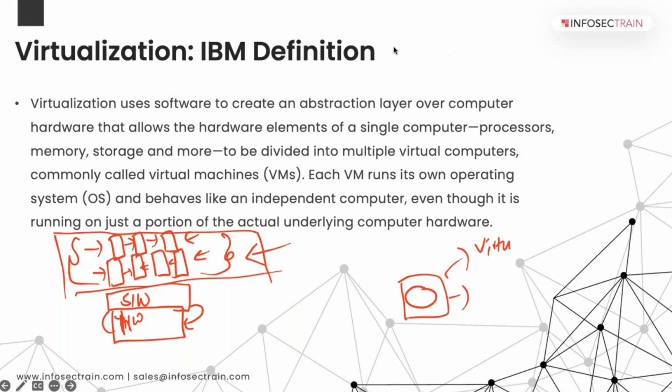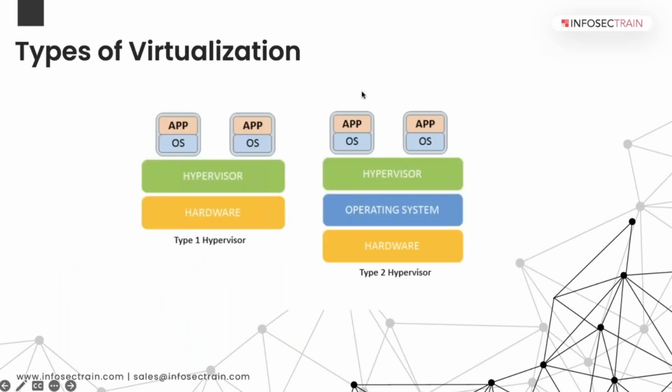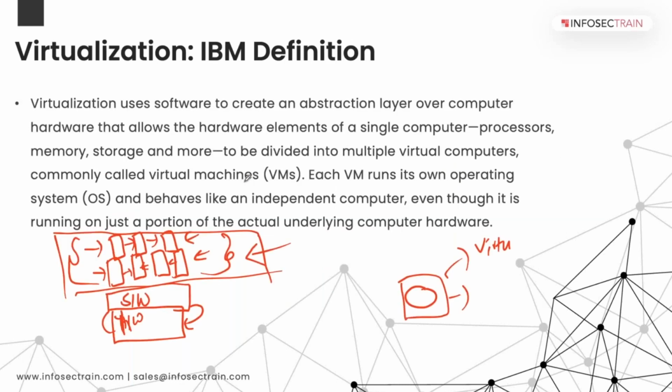Before we move further into virtualization and storage virtualization, I just want to give you a quick overview. There are two types of hypervisor. First is type 1, where you have hardware, and on top of that directly a hypervisor. The hypervisor is the software you were talking about in this definition.